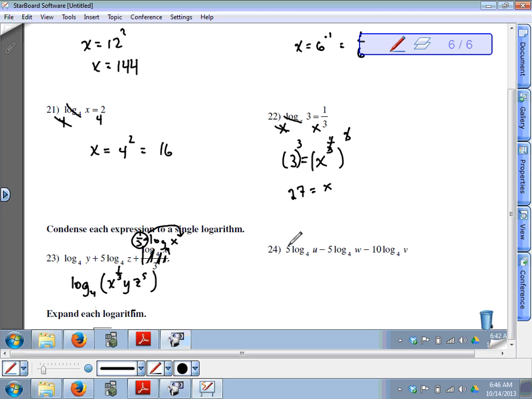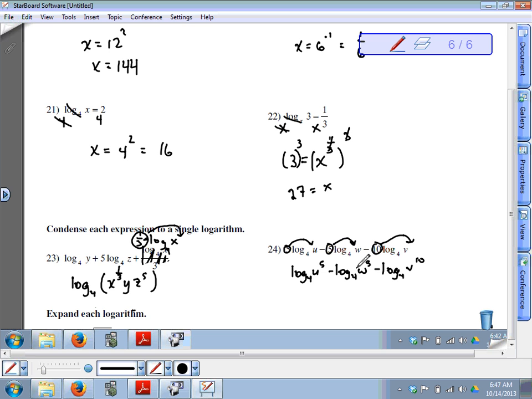Number 24, we're going to start by moving all of these numbers back up as exponents. We're going to have log base 4 of u to the 5th minus log base 4 of w to the 5th minus log base 4 of v to the 10th.